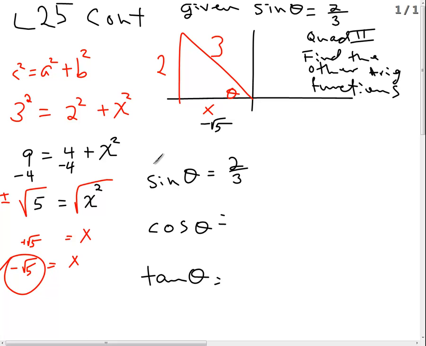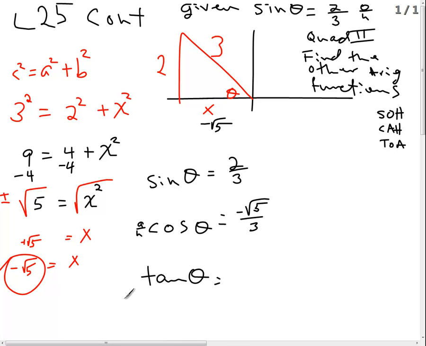Well, we said that sine was opposite over hypotenuse, right? Remember this? SOH CAH TOA. Sine is opposite over hypotenuse, so cosine would be what? Adjacent over hypotenuse, right. So adjacent would be a negative square root 5 over what? The hypotenuse, 3, right.